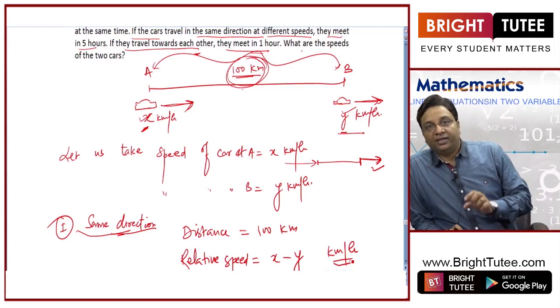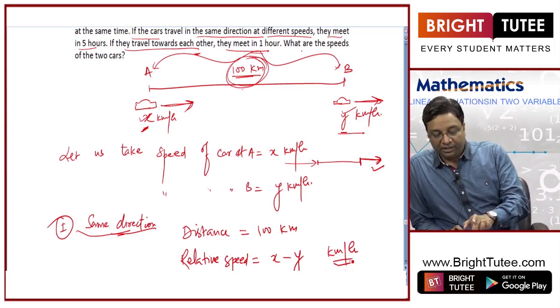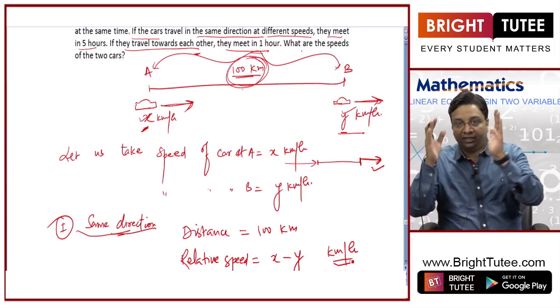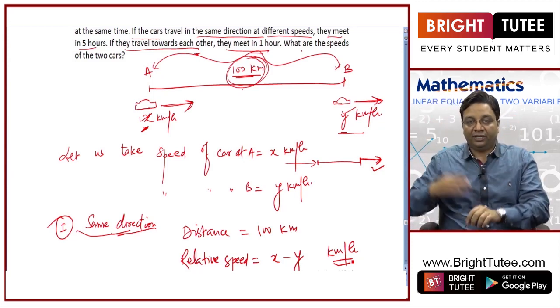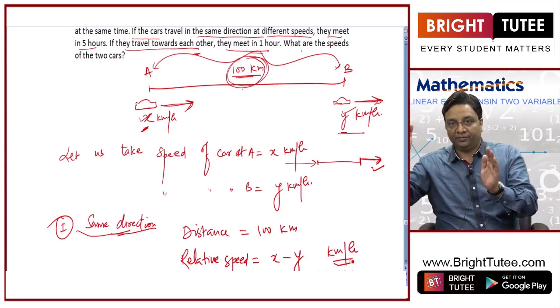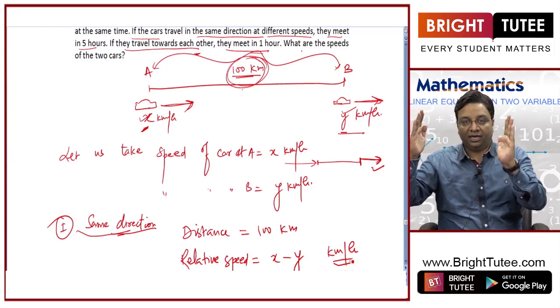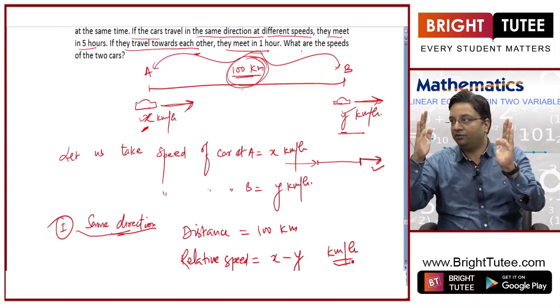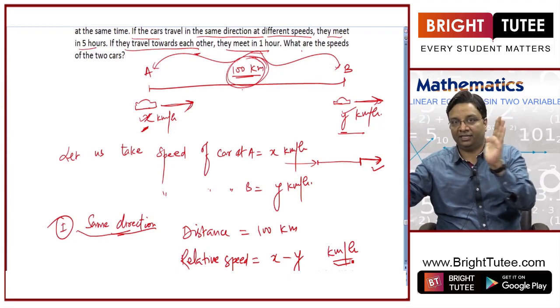Why is it happening? Because for this distance between A and B, the car at B is also moving, right? So, this car has to take care of this speed as well as this gap, right? So, its speed x kilometer per hour will not be responsible for covering this 100 kilometers, because this car is also traveling with y kilometer per hour.